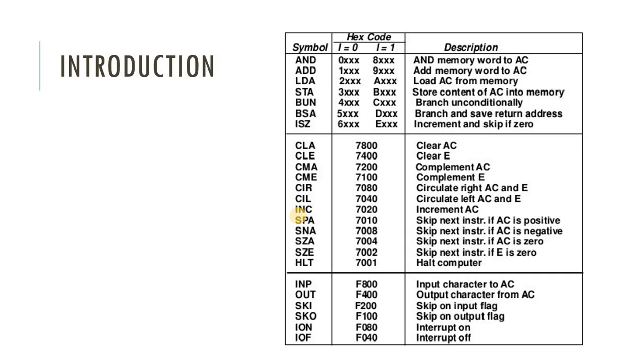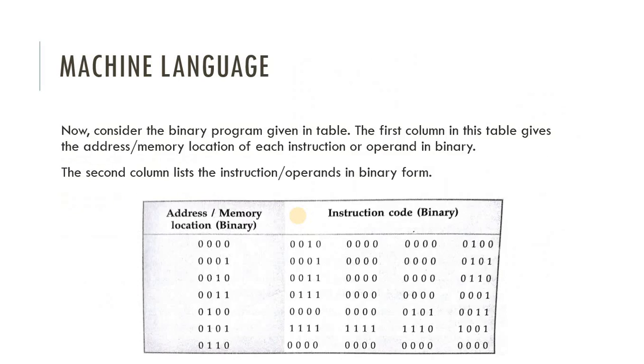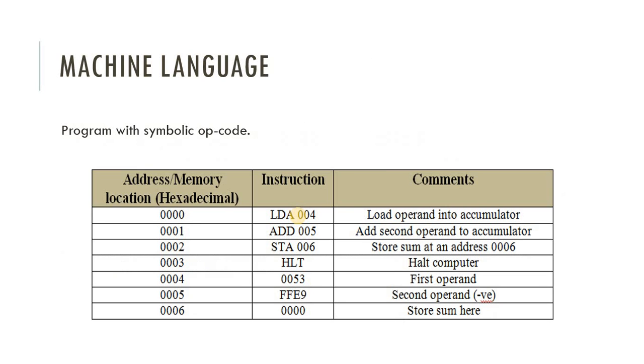So we can write any instruction by using these symbols. This whole program is written to add two numbers, and the multiple instructions are something like this. LDA 004 means load the operand into the accumulator. Then ADD 005 means add the second operand to the accumulator.